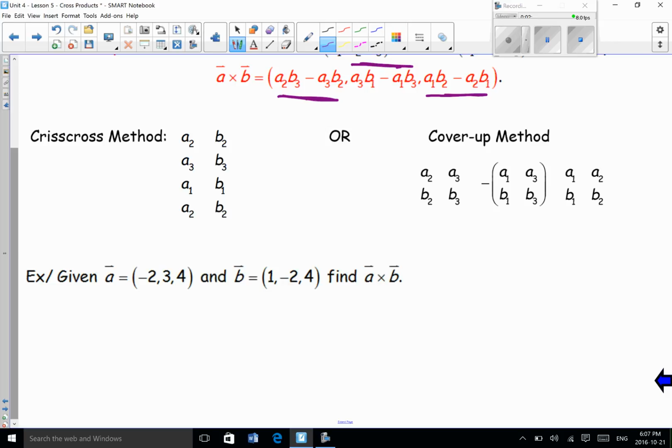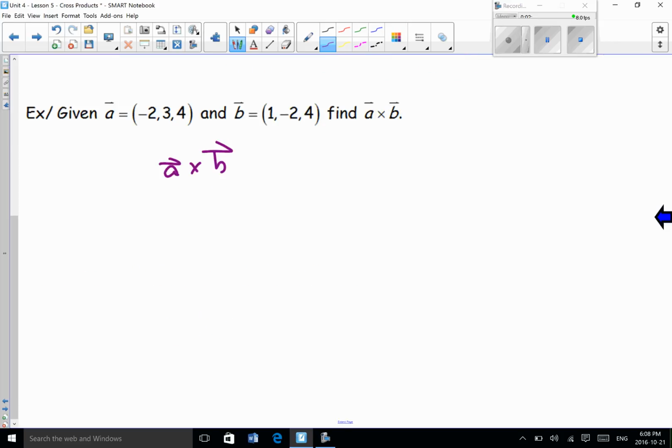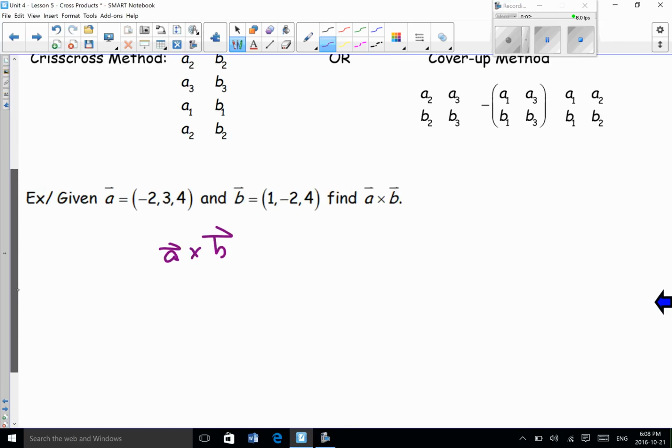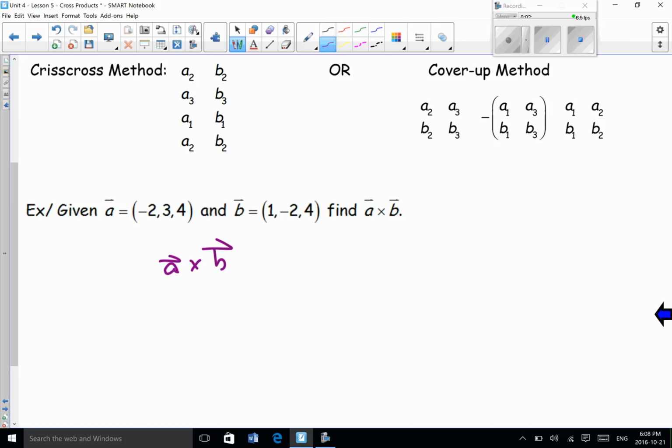So A cross B can be found using the crisscross method by making a list of the components of each vector starting at the y component. So for A, that would be 3, 4, negative 2, and then back to 3 again.